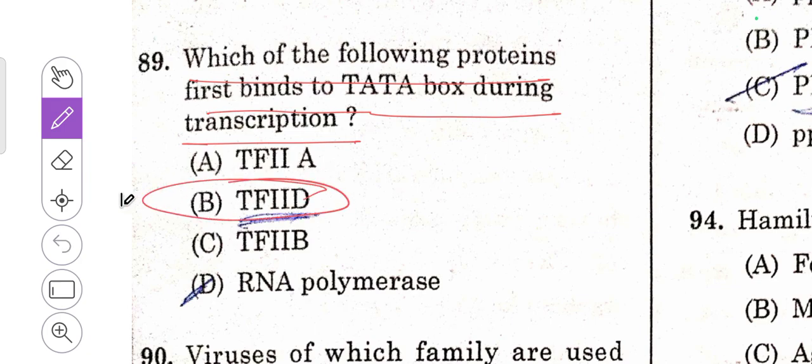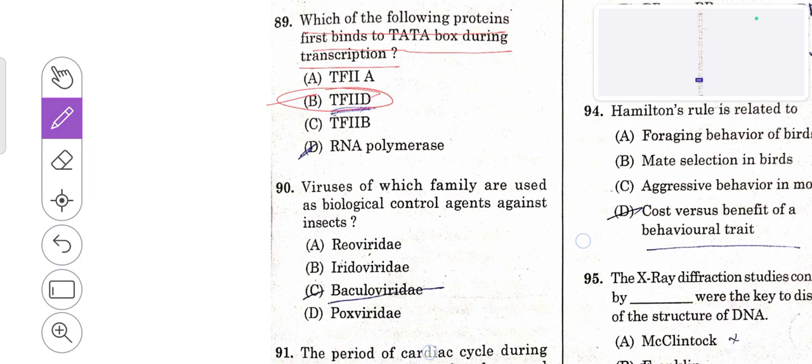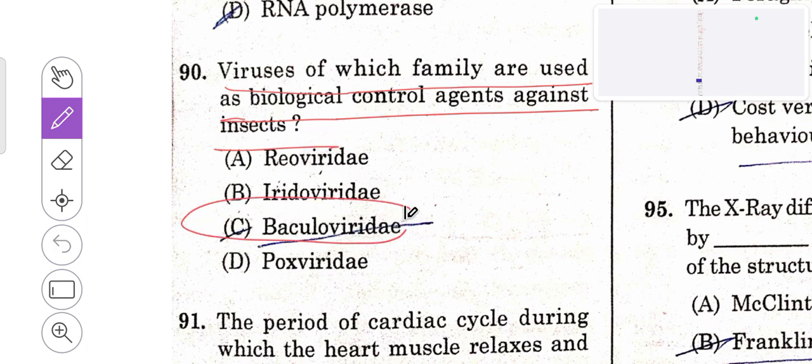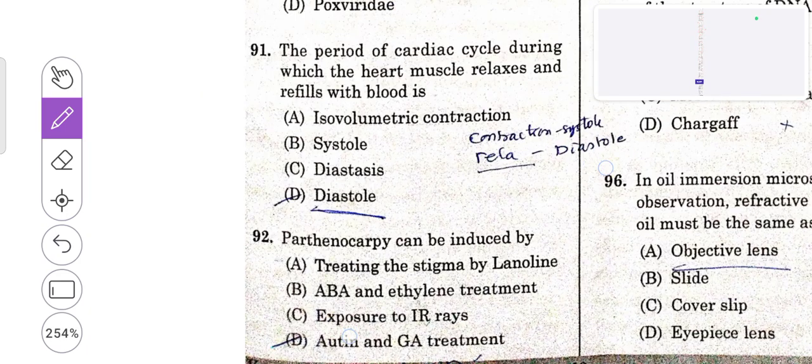That is TFIID. Next question. Viruses of which family are used as biological control agents against insects? That is Baculoviridae. So these Baculoviridae family of viruses can be used as biocontrol agents. So C is the right answer.